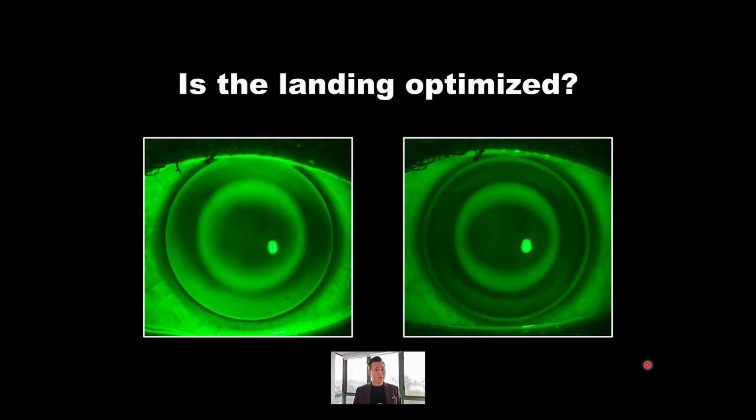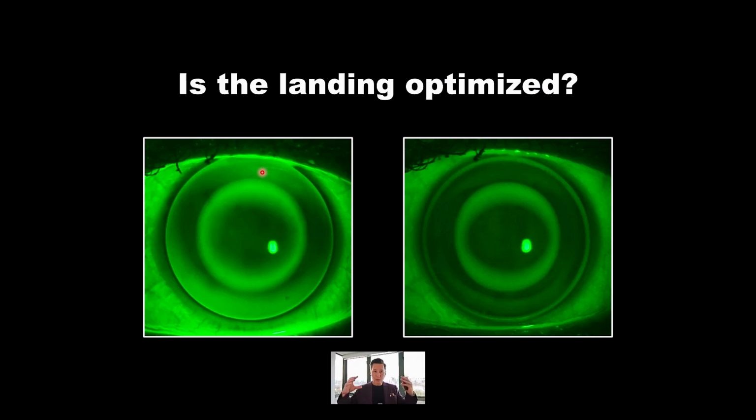Well, one of the first things you have to check is if you have an optimal landing 360 degrees around. If you've got a lot of fluid across one meridian, especially under the alignment zone, then the lens can be rocking back and forth. It can be decentering. We're not creating good hydraulic force.